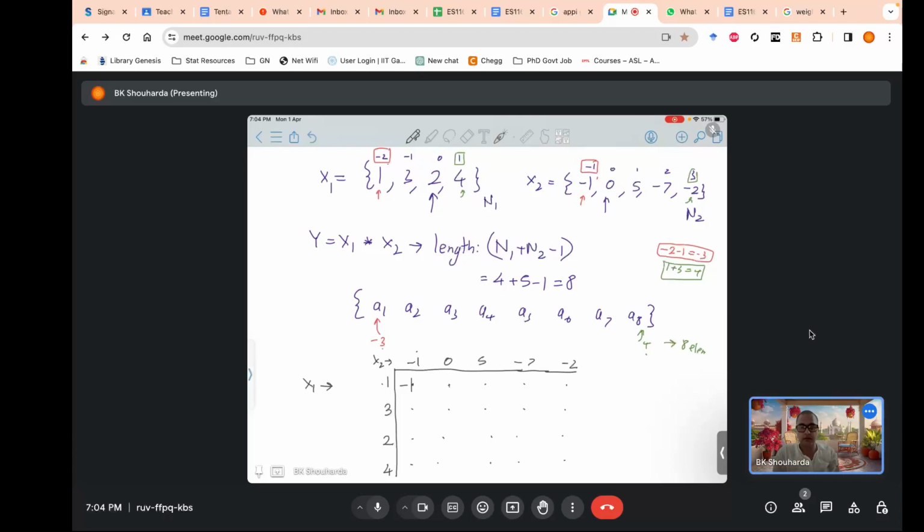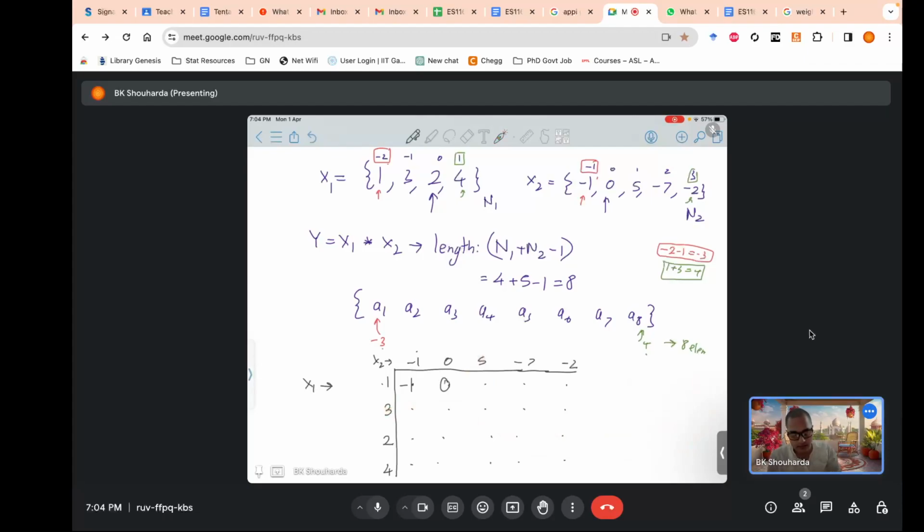Let's say I want to calculate the value over here. I will check this value, go upwards, check this value: 5 and 3. I'll multiply 3 with 5, that is 15, and substitute that here. This is the process, very simple.